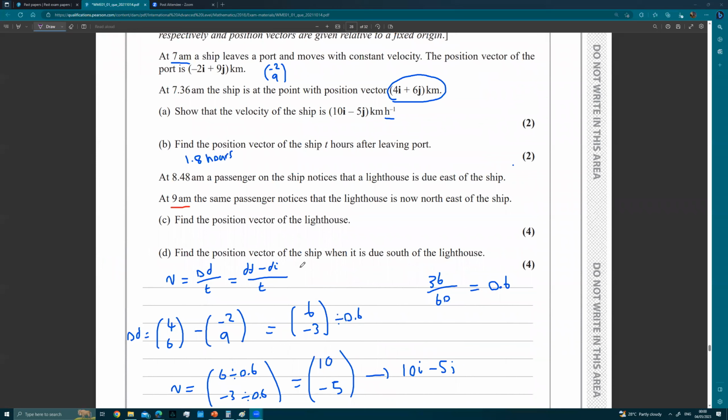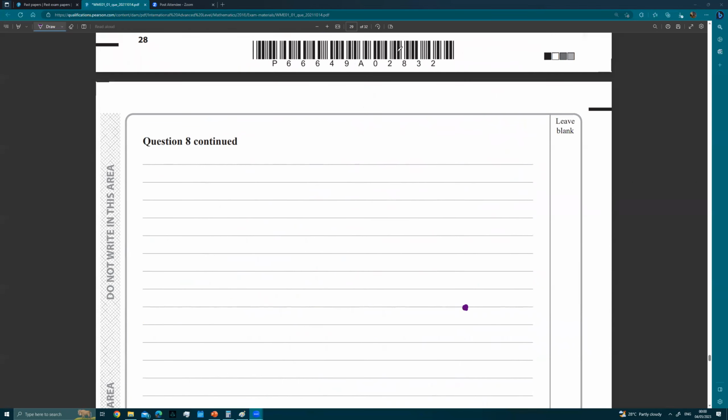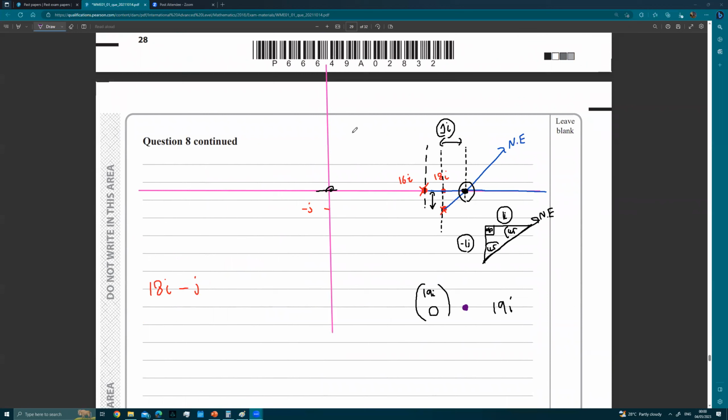Find the position vector of the ship when it is due south of the lighthouse. So I want my diagram back. When the ship is south of the lighthouse, it's going to be somewhere along this line over here.